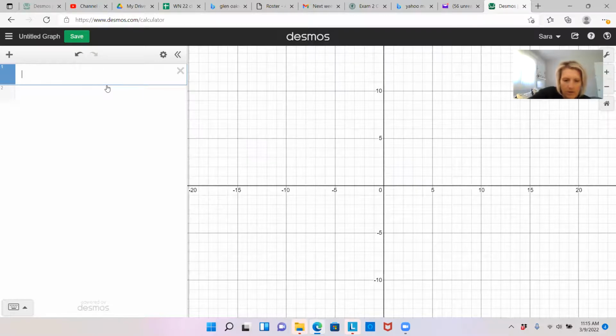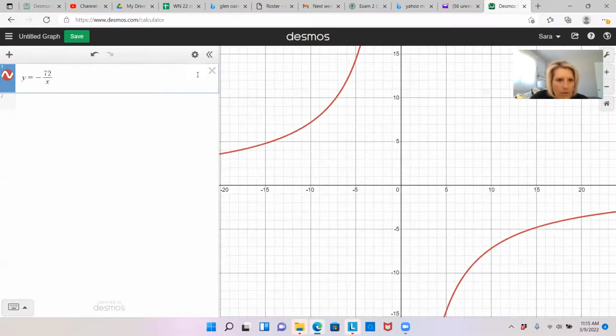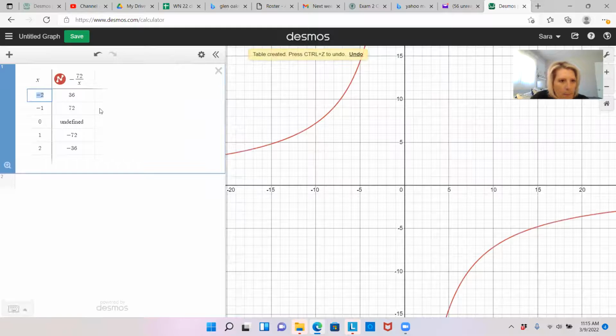Let's say we want y to equal a negative 72 divided by x, because that's another way of saying x times y makes a negative 72. Now don't look at the graph. We don't really care about the graph, but we do care about the table.